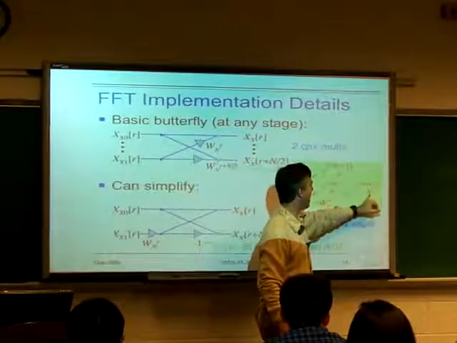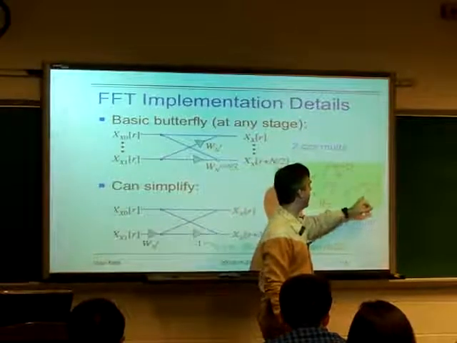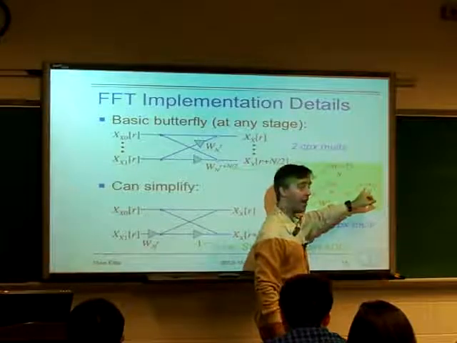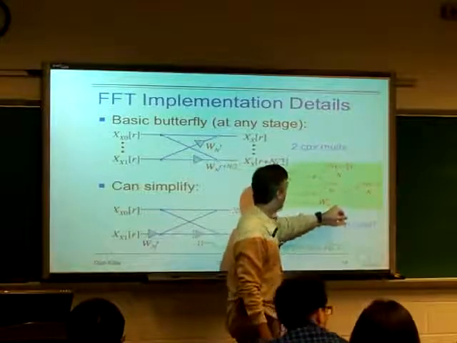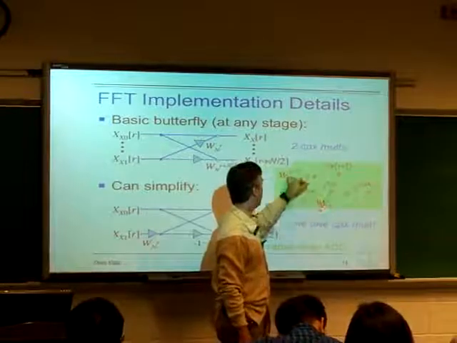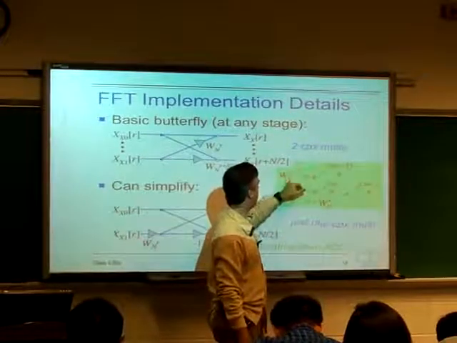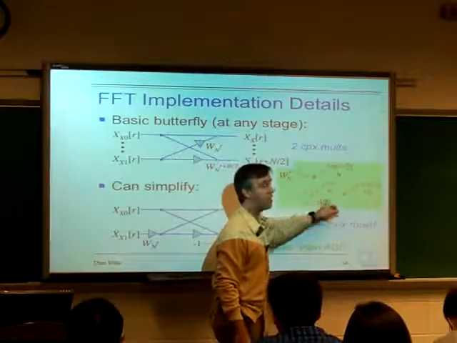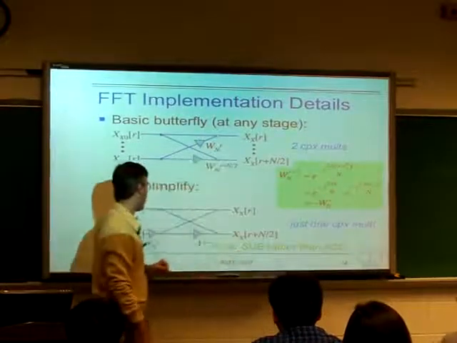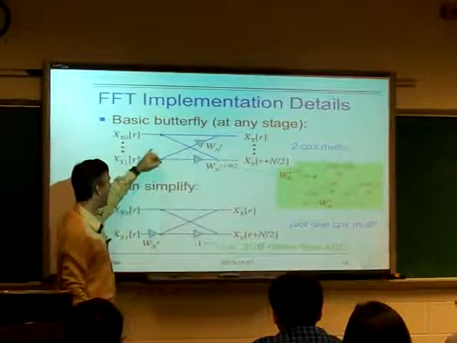But this thing, we cancel out the n's, cancel out the 2's, it's just e to the minus j pi, which is just minus 1. And this is of course just w sub n raised to the power r. So w sub n to the r plus n on 2 is just the negative of w sub n to the r. And so we can have the same calculation.